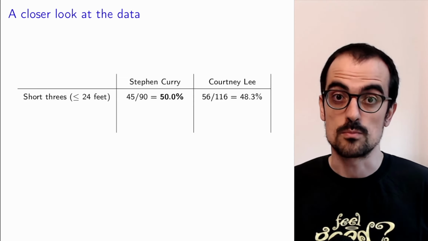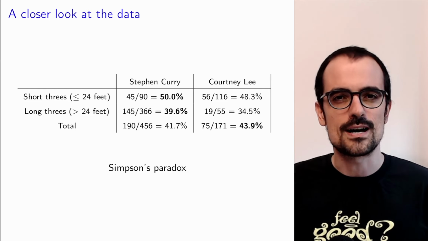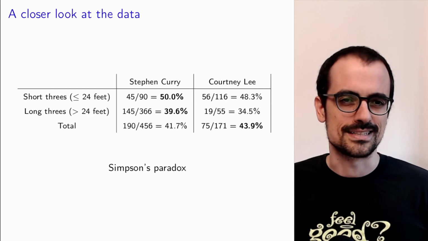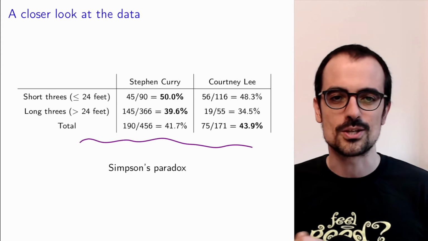That seems very, very strange. So today we're going to explain, this is called Simpson's paradox, because it does sound a bit, I was going to say paradoxical. I don't even know if that word exists. It does sound like a paradox, right? That he shoots better from close and also from far, but worse overall. That sounds very strange. Maybe by looking at this data, you can already see what's going on.